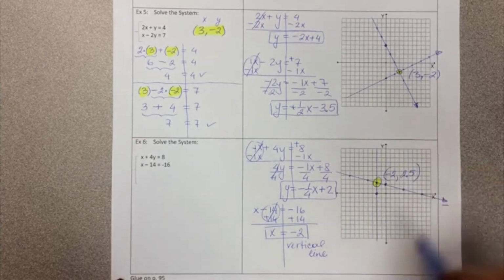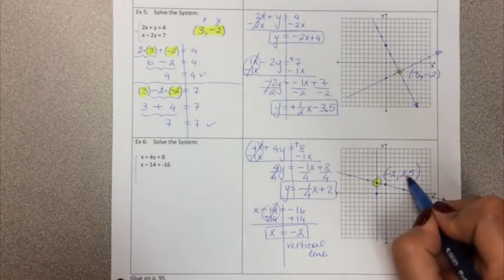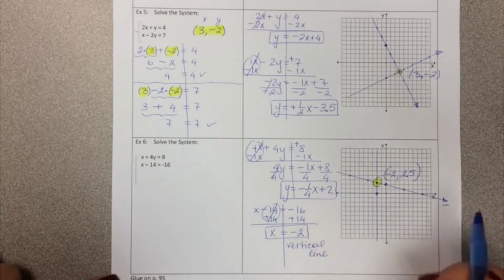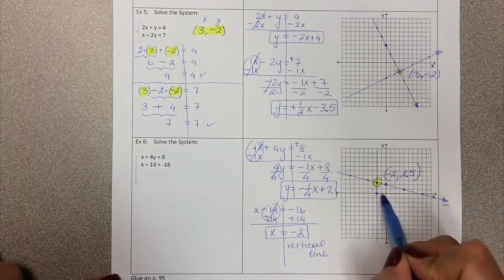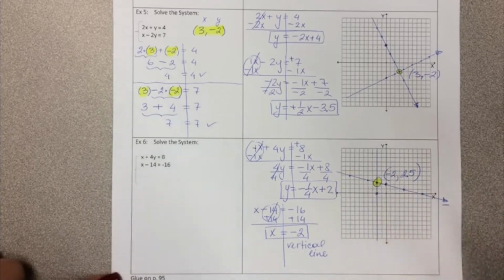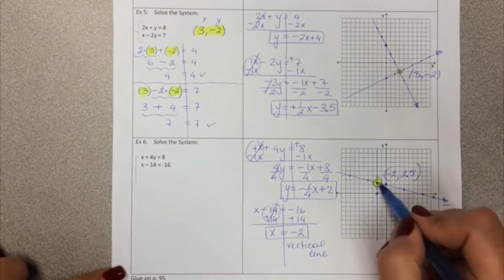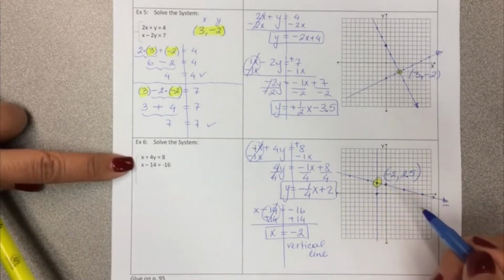So the y coordinate is not a whole number, which again can happen. It doesn't have to be always whole numbers because we have all these fractionals and decimals in between. So negative 2, 2.5.